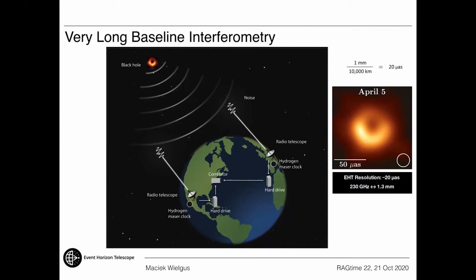Actually, before this M87 image from EHT, there was not a single VLBI image at 1 millimeter. That's not only the first observation of resolved structure of accretion flow near the black hole, it's also the first image ever made with VLBI at 1 millimeter.